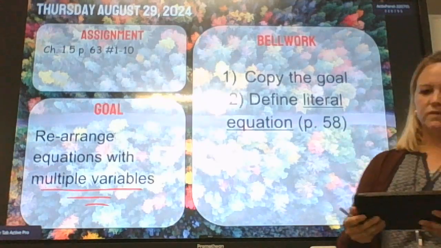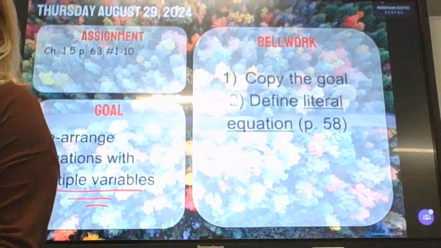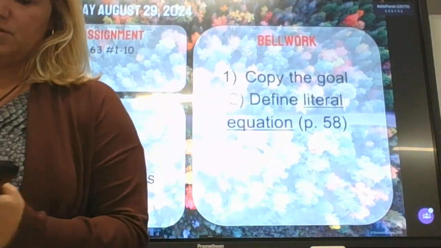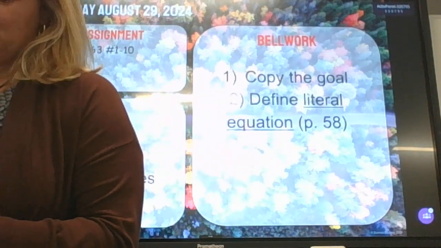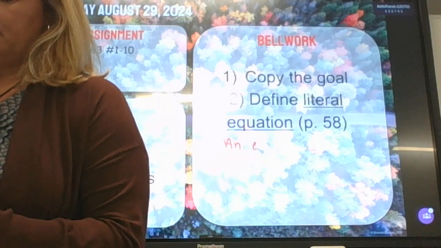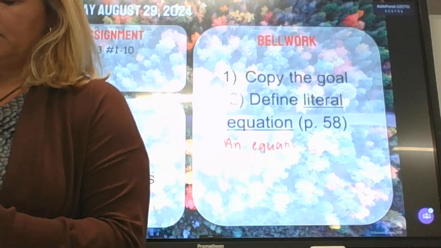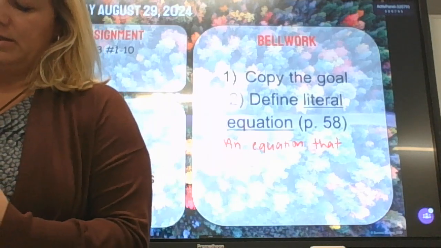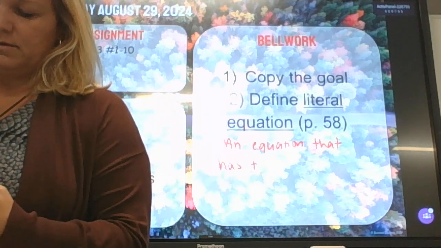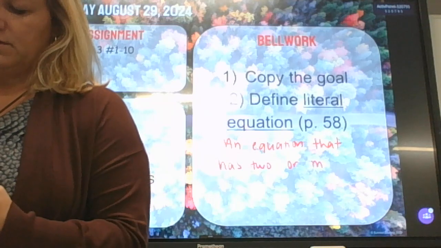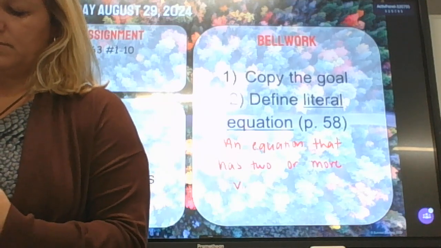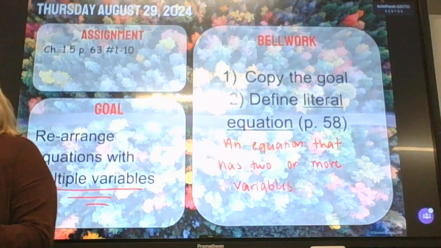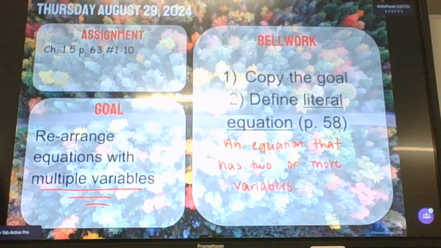The definition of literal equation on page 58 is, an equation that has two or more variables.